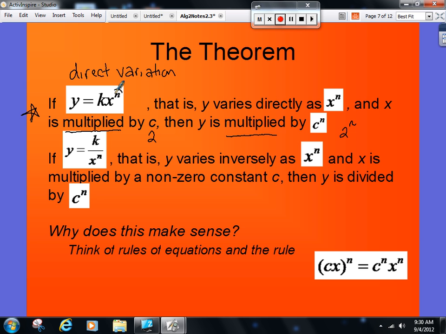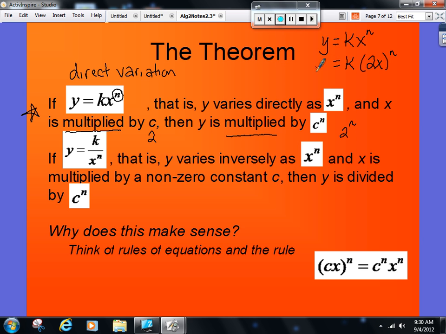It's really going to depend on what happens to this exponent. Here is why. If I have y equals k x to the n, and like I said, let's say I want to know what happens when I double x. So now I have k times 2x to the n. Instead of x, I have 2x because it's doubled.